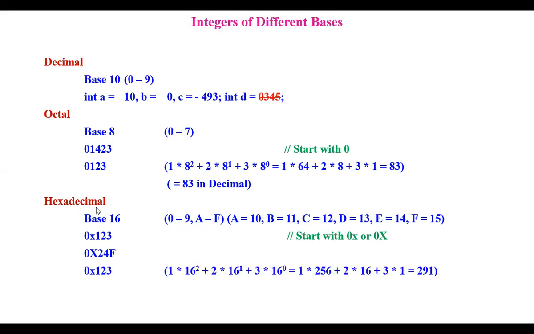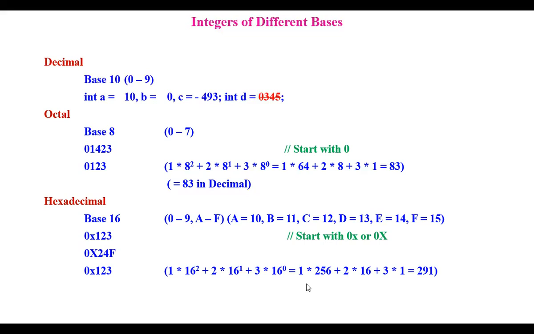Now, suppose I take the same 123, which is a hexadecimal number, and I want to convert this into decimal system. For this, again, we start with the rightmost digit multiplied with 16 power 0, next 16 power 1, 16 power 2, like this. 3 is multiplied with 16 power 0, then 2 and 1. 16 squared is 256.